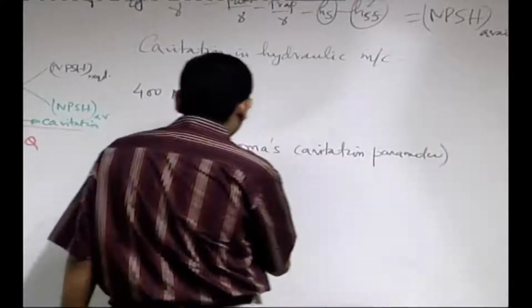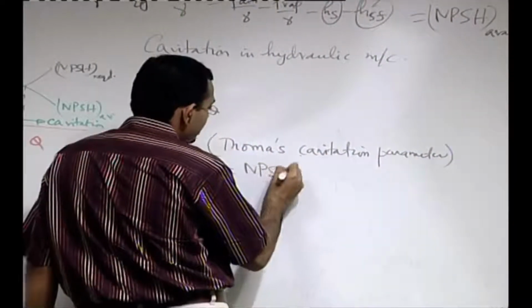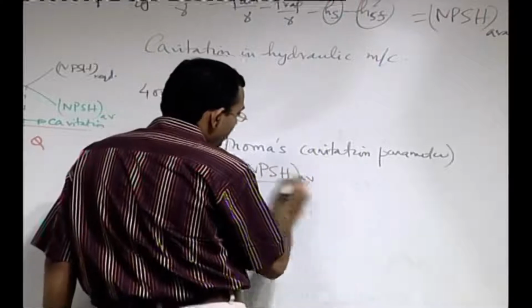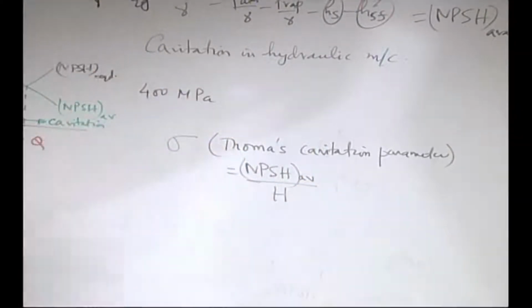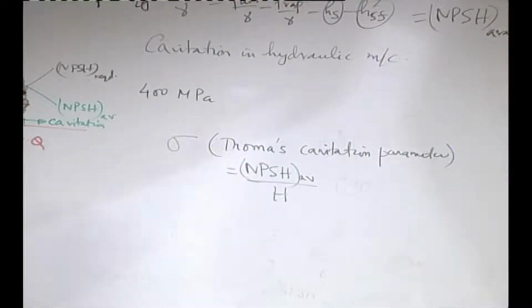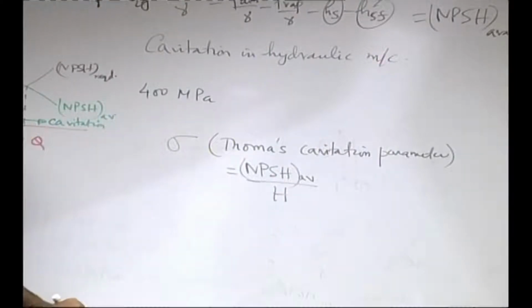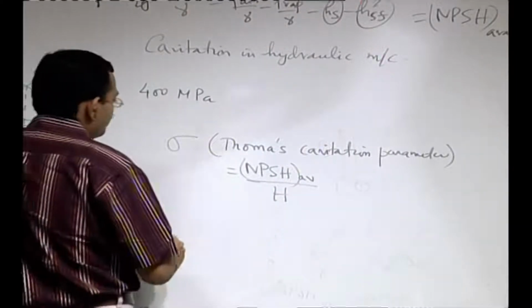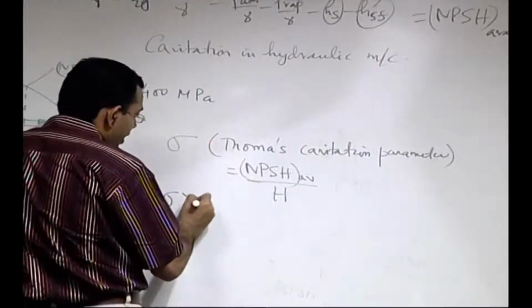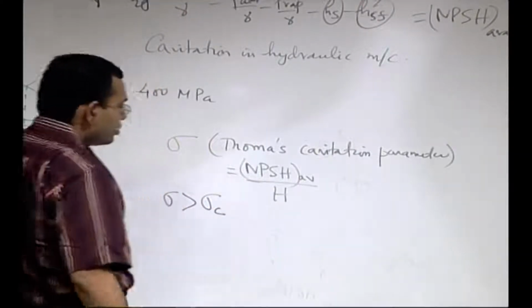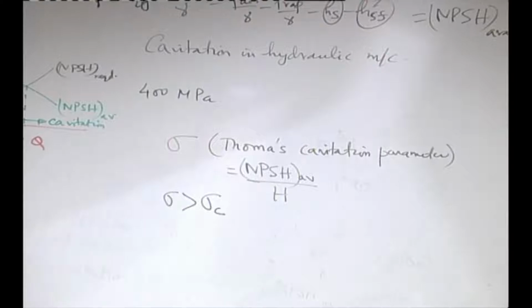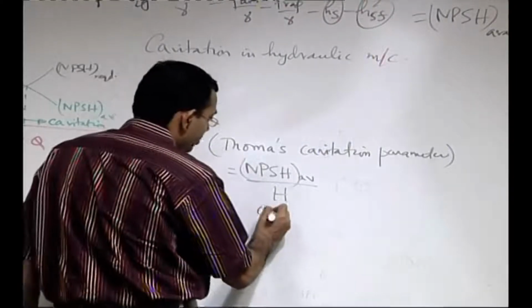It is a non-dimensional form of NPSH available. So it is NPSH available divided by the total head of the pump. If you have sigma greater than a critical value sigma c, then we have a cavitation free operation.